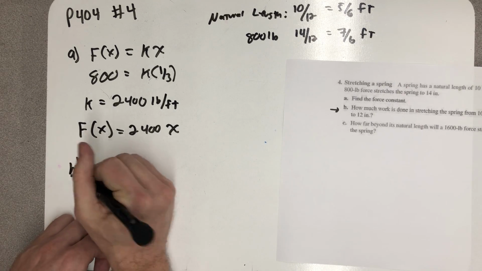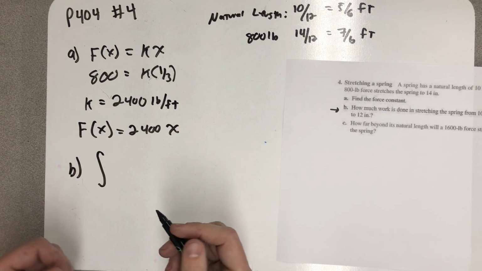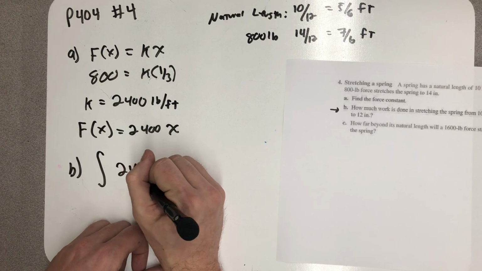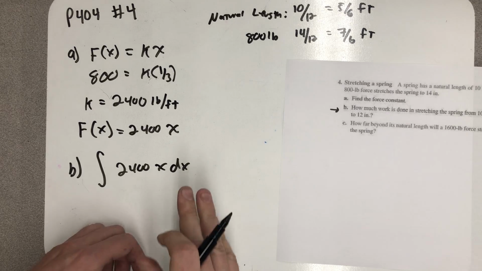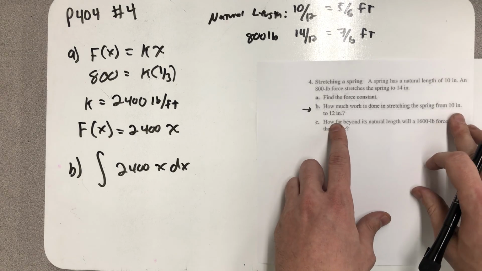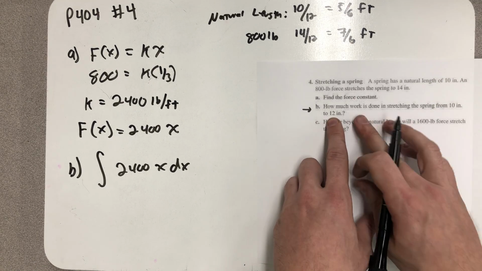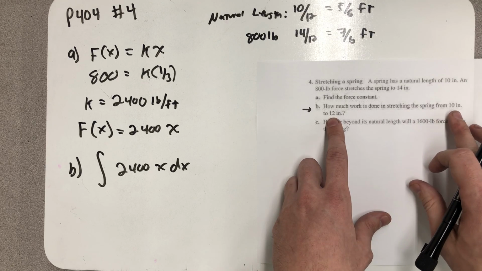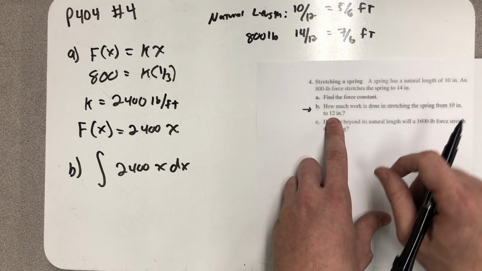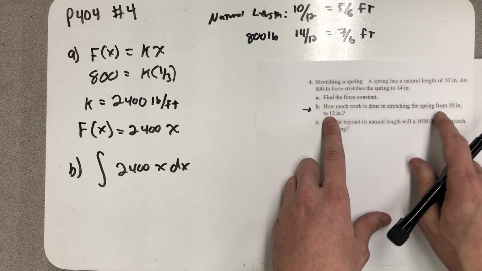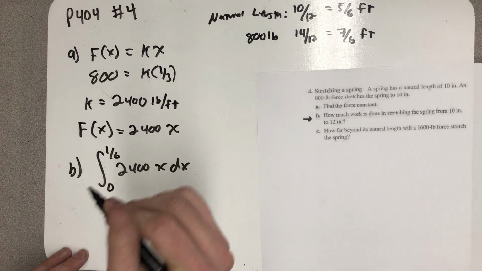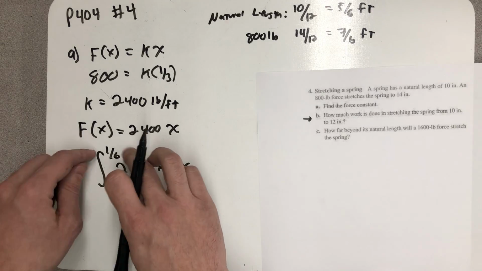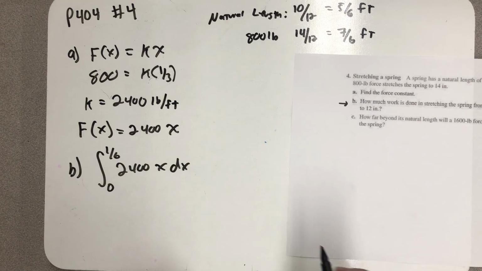Well, now in part B, I can find the work done by integrating that force function, dx, the amount that it has been stretched. Here, how much work is done by stretching the spring from 10 inches, 5/6, to 12 inches, 1 foot? Well, that's 1/6 of a foot. So I'll be integrating from 0, its rest, to that 1/6 of a foot.